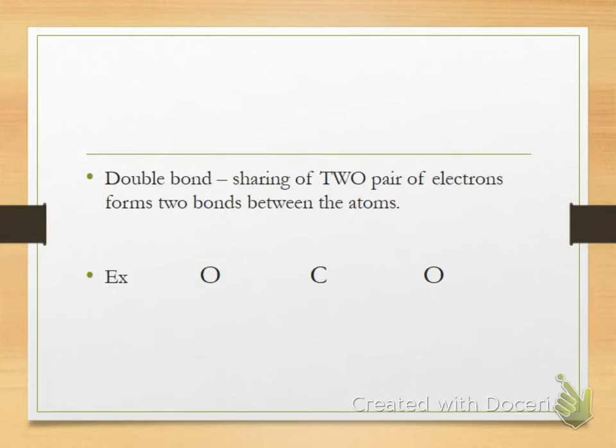So again, let's draw these individually, their electron dots. Carbon has 4, right? Because it has 4 valence electrons. How many does oxygen have? 6. Okay? So carbon has to have 4 bonds.